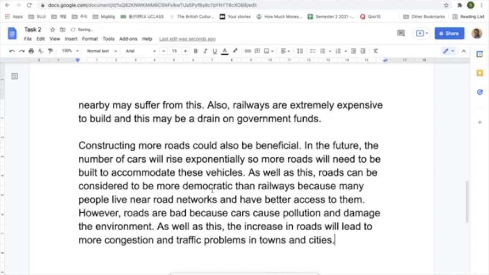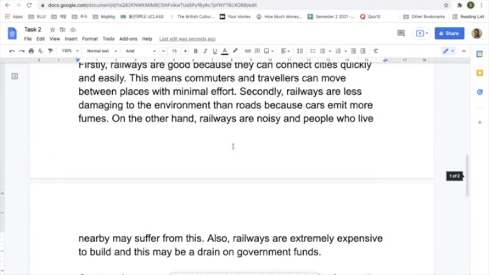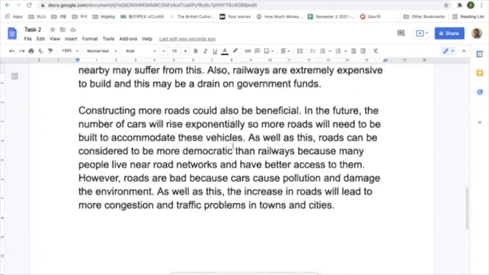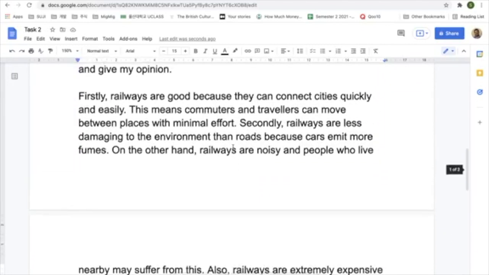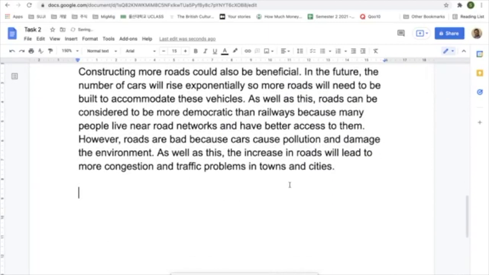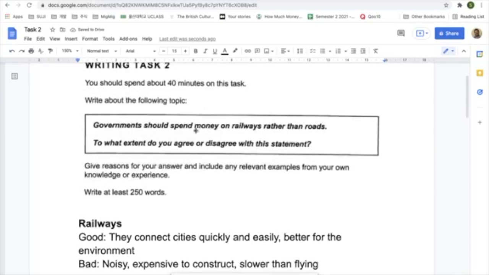Good. All right. Well, there we have it, guys. Those are our two body paragraphs. And we're going to move on and do our conclusion. So let's have a look at the conclusion. Overall, I believe that, and let's go back to the question, make sure that we're referencing the question.